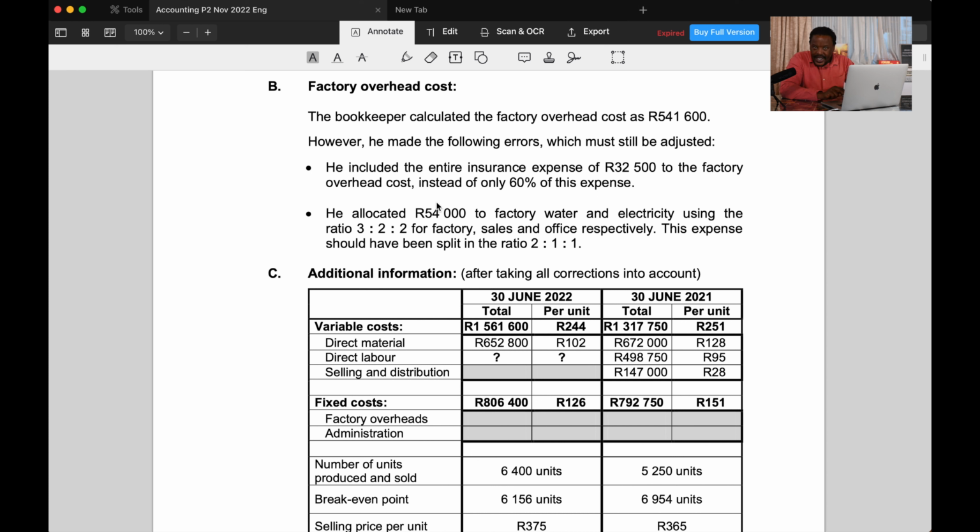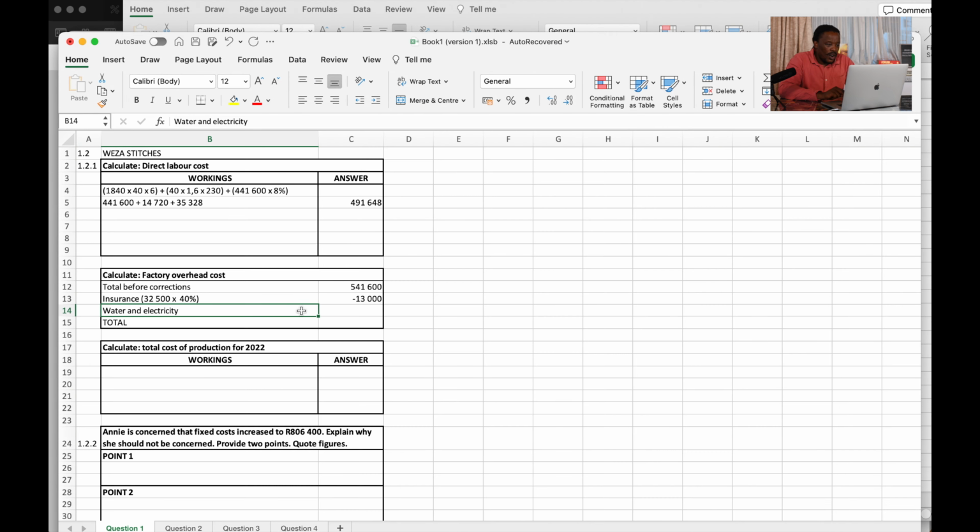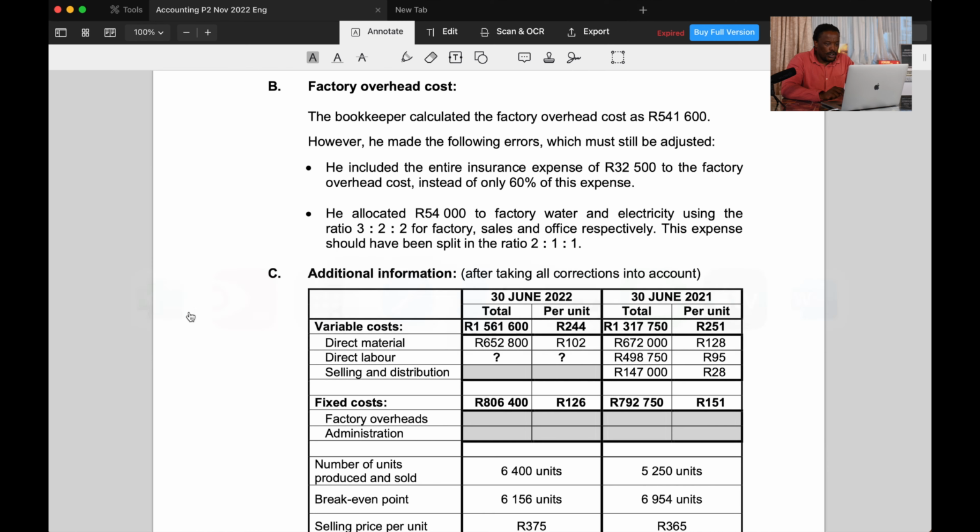Now, he already allocated 54,000, so we need to see how much it was originally, before the ratio took place. 3 plus 2 plus 2 is 7, and that 7 becomes the denominator. So water and electricity for factory was 3/7, sales 2/7, and office 2/7.